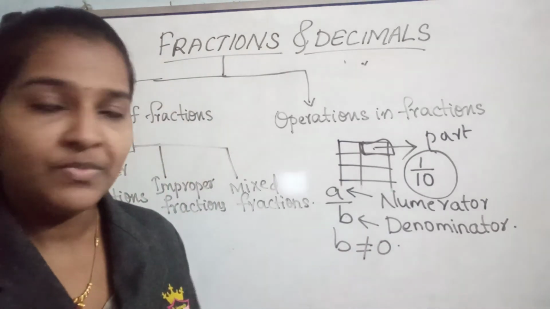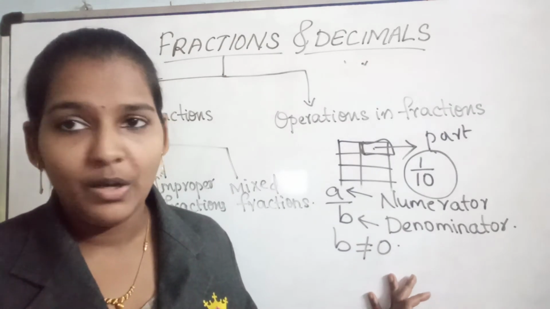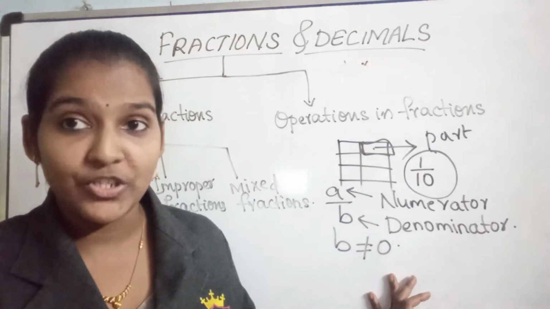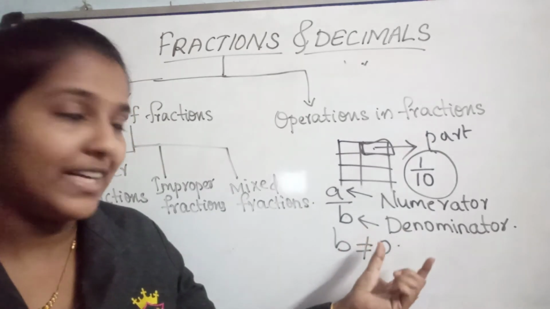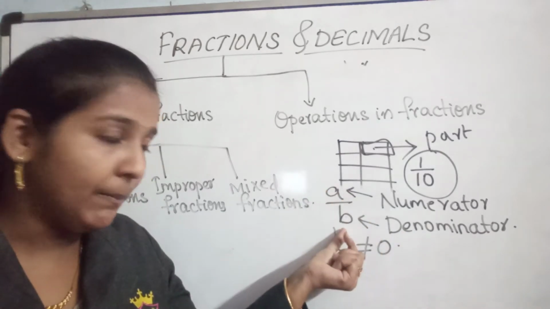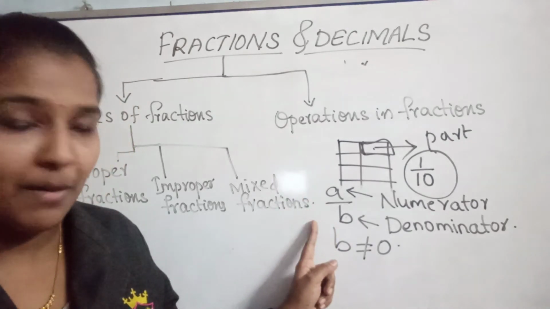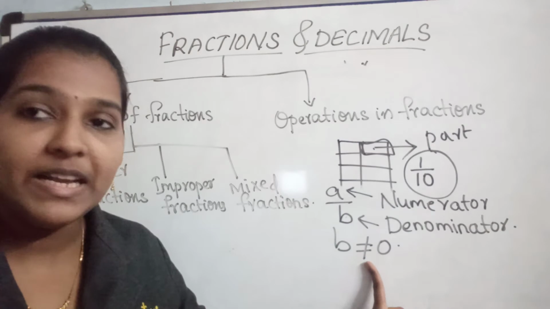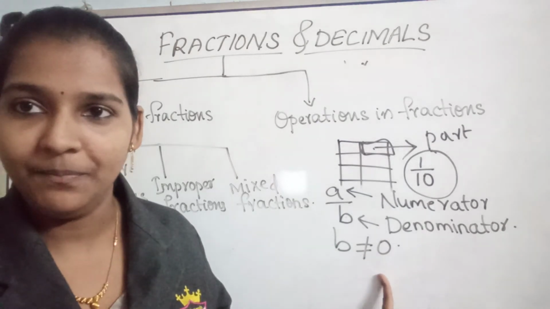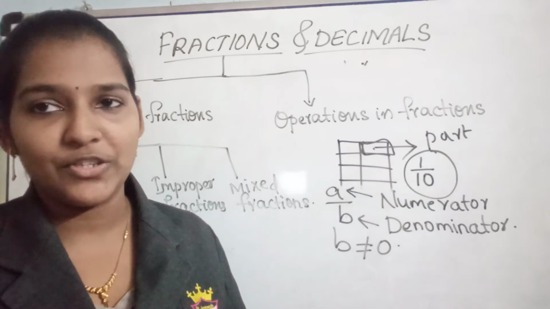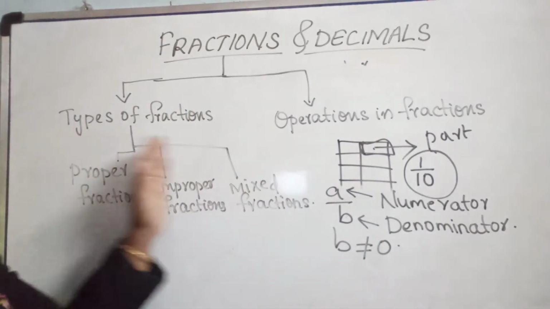Got it, children? So what is a fraction? A fraction is a part of a whole, or fractions are special types of numbers which we can write in the form A by B, where A and B are numbers and B will never be equal to 0. Clear, children? Now we are going to study the types of fractions.